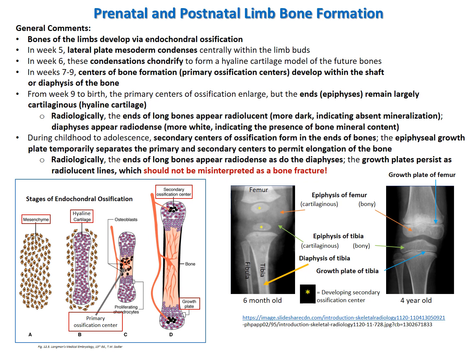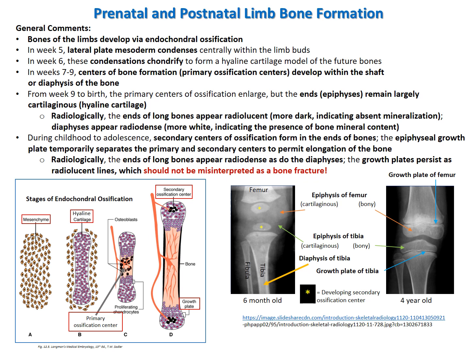Radiologically, shown on the lower right, the ends of long bones appear radiolucent, that is, they are more dark, indicating absent mineralization. Diaphyses, on the other hand, appear radiodense, or more white, indicating the presence of bone mineral content. During childhood to adolescence, secondary centers of ossification form in the ends of bones.